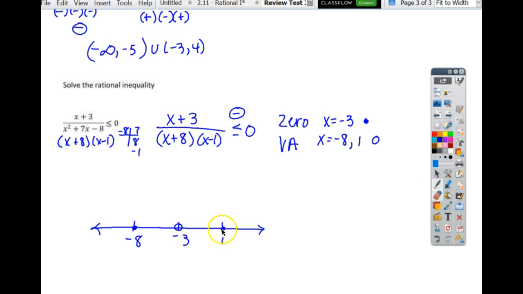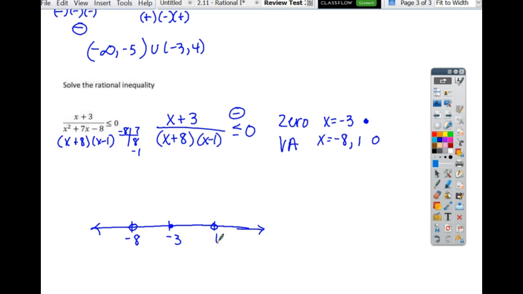Sorry guys, exactly the opposite. So one more time, the negative 8 is getting an open circle, the negative 3 is getting a closed circle, and the 1 is getting an open circle.